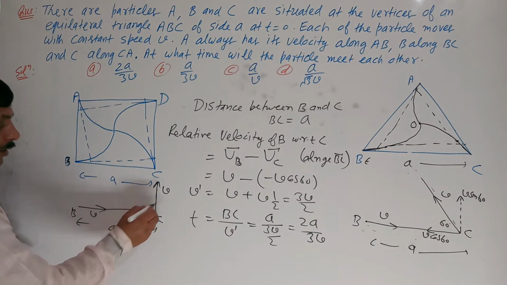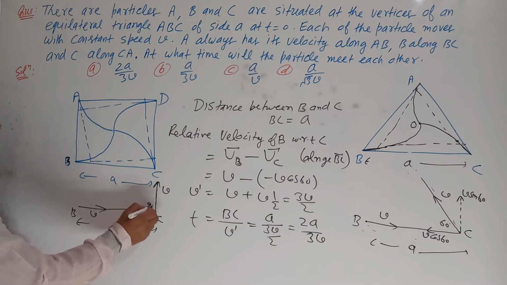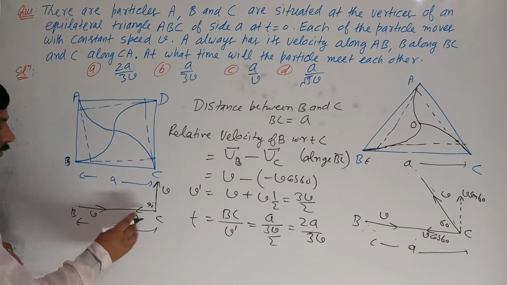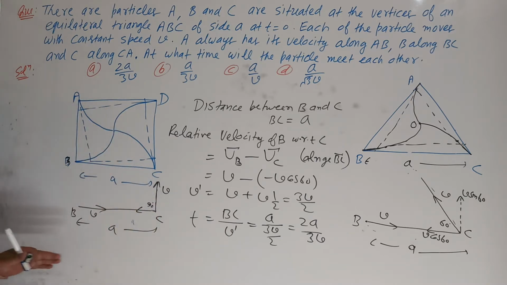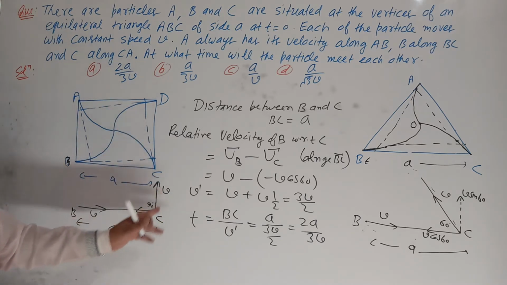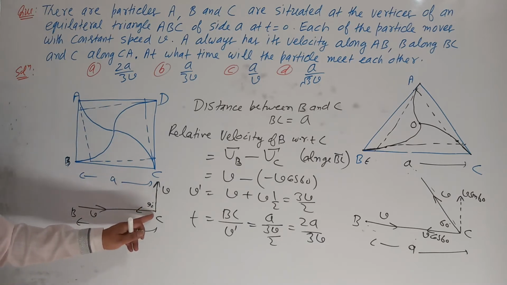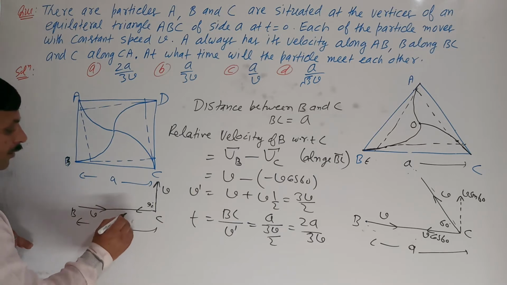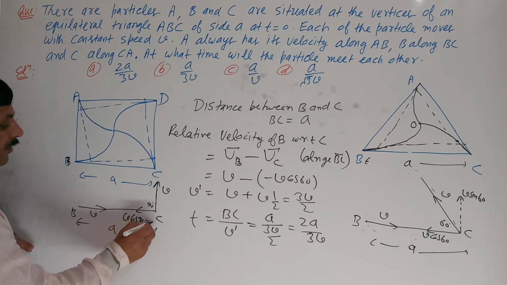What will be the component? This is 90 degree. So V cos 90. This will be 0. Or you can say if it is perpendicular, there is no component of C along this line BC. So this will be V cos 90, or you can say 0.